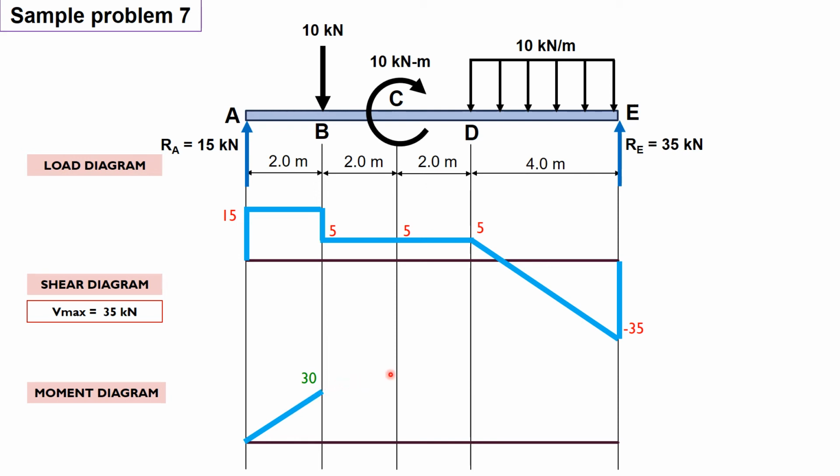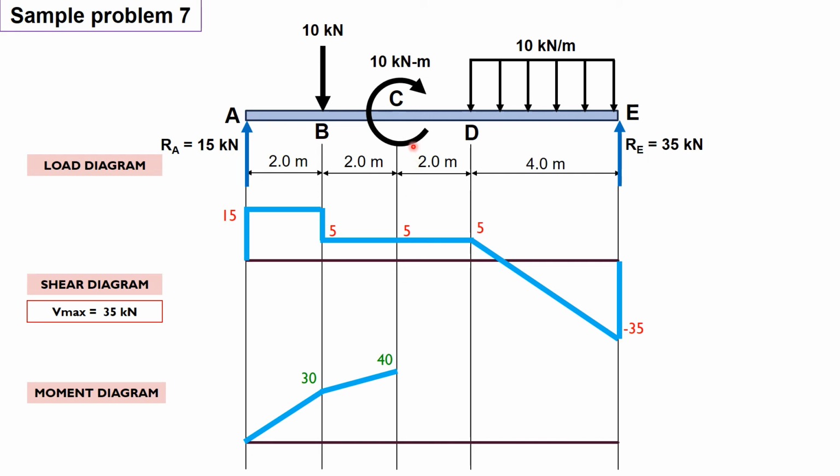Then going to C, we have positive area of shear dito, kaya 30 plus this area. And this is equivalent to 10. So that your ordinate here will be 30 plus 10. And it is a 1 degree line kasi ito ay 0 degree. Kaya pagdating dito 1 degree yan, and it will be inclined up to the right kasi mas mataas ang ordinate nito dahil nag-add ka ng 10.